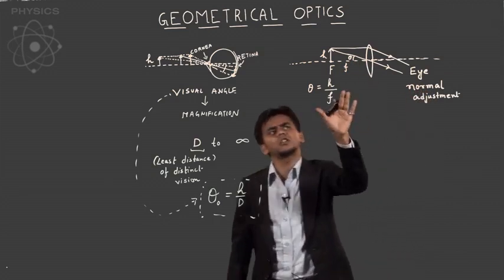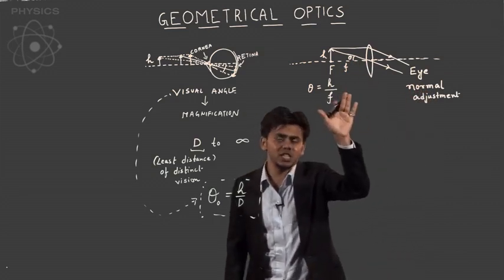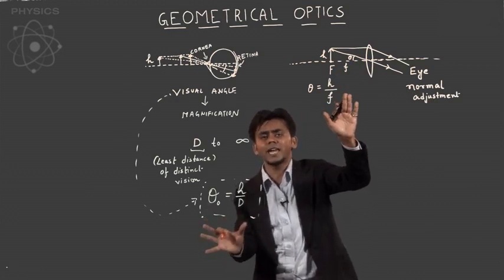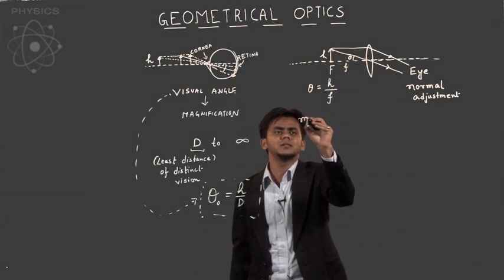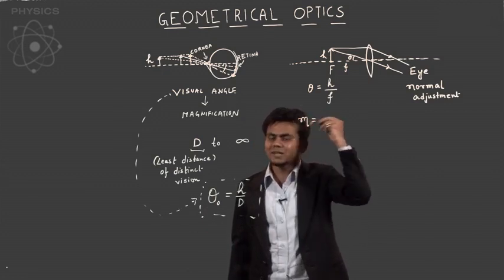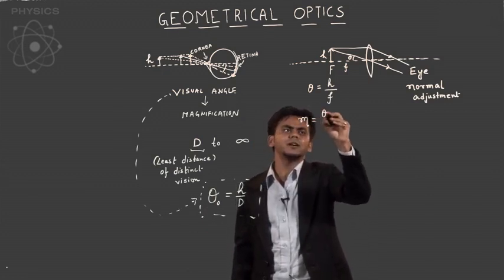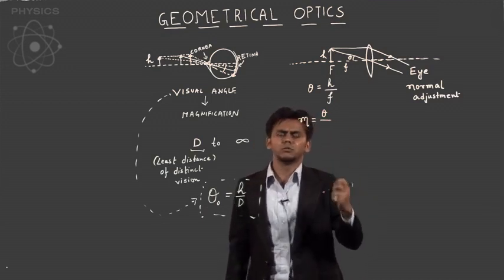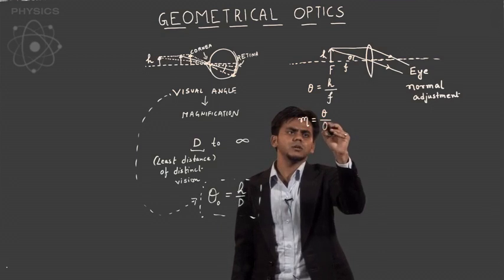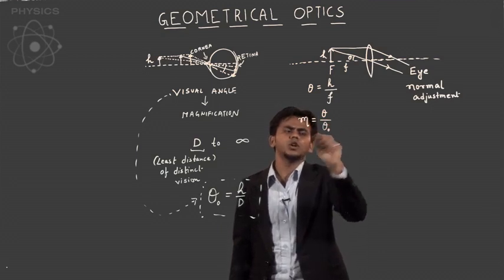So this is what my convex lens has achieved, and this is what my normal eye could have achieved. So magnification is always defined as what I have achieved by that optical instrument and what I can achieve without that instrument, which is theta naught.